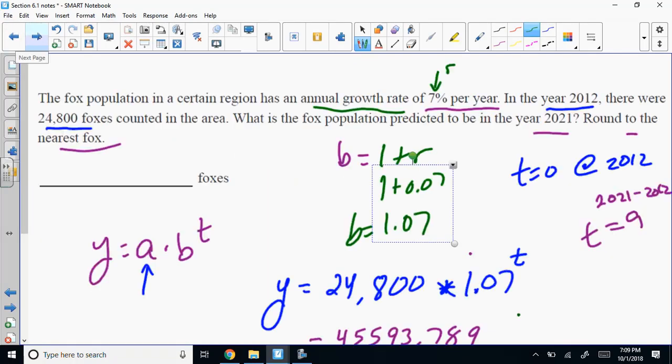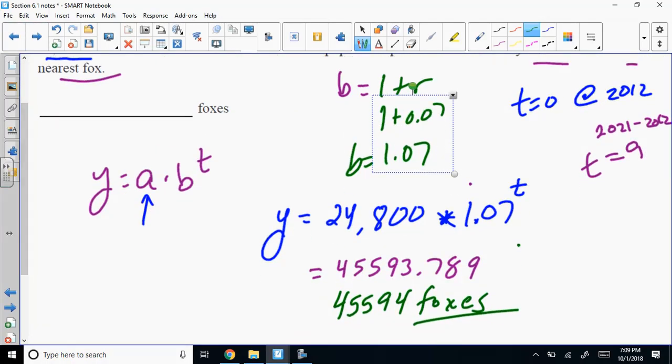All right. If we were really doing this, there would only be 45,593 foxes, technically, right? If we were physically counting them, because that 0.789 would mean that there's a fox that's pregnant.